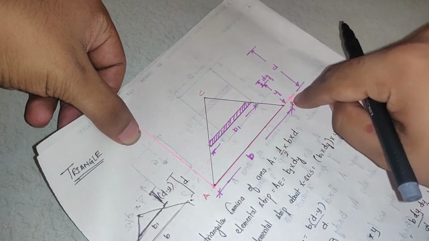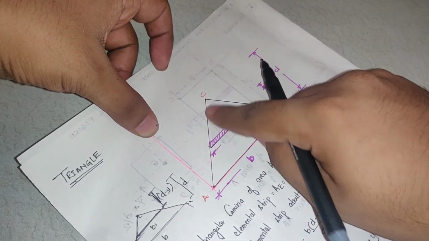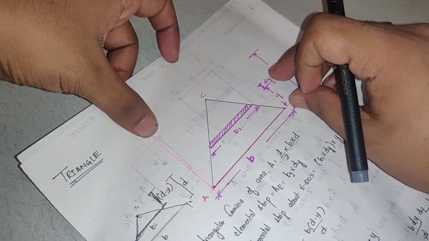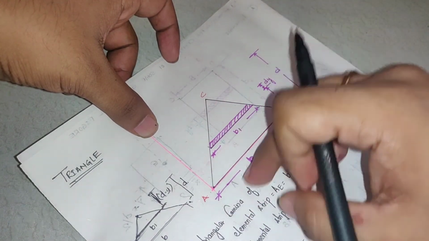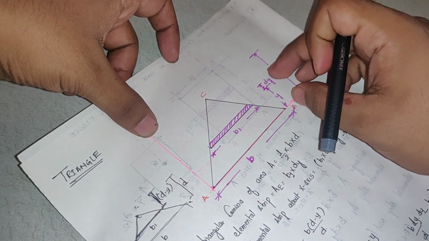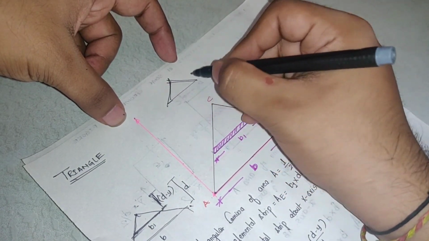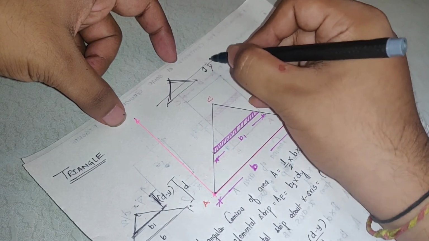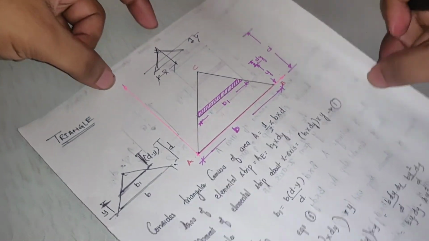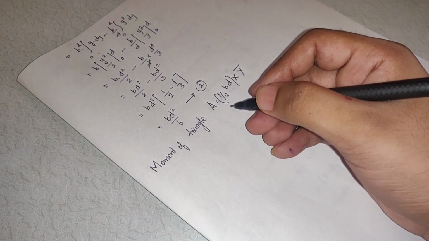So this triangle, its perpendicular distance with respect to the x-axis is Y bar, and this is X bar. So this is half B into D into Y bar.